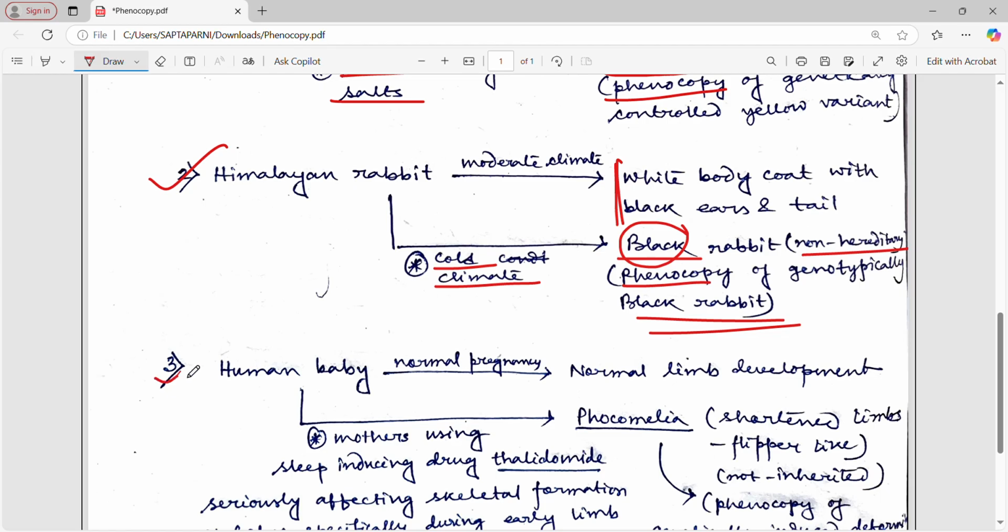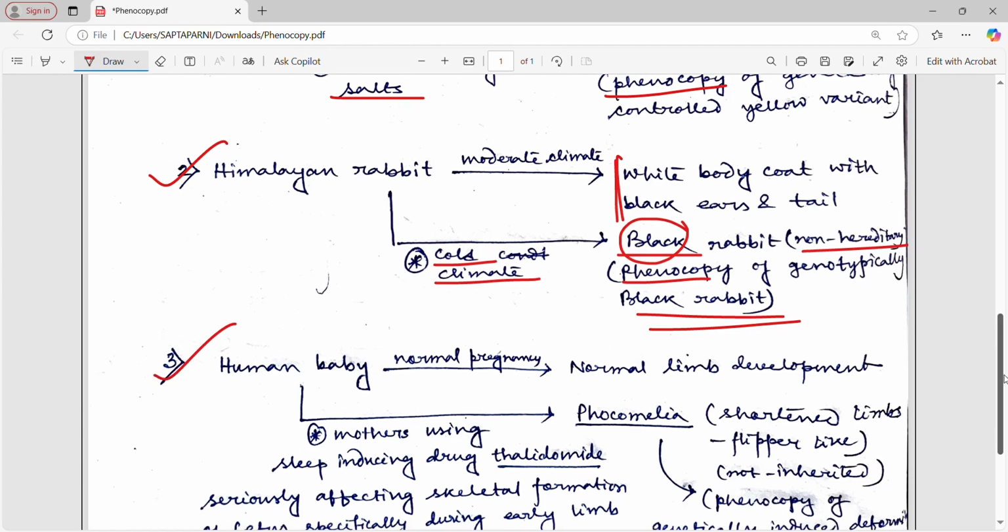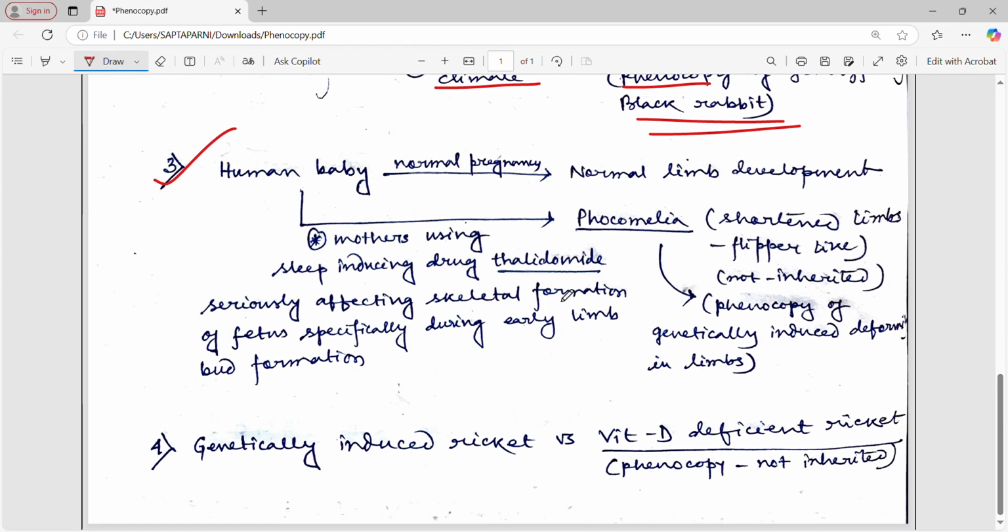Let's see the third example. In a human baby, under normal pregnancy, normal limb development occurs. But if the mother during her early pregnancy consumes the sleep-inducing drug thalidomide, then phocomelia can be seen in the babies.